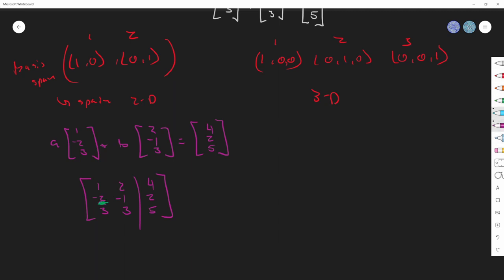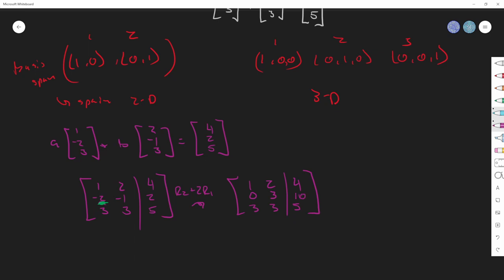So what we're going to do is add r2 by twice r1. And so we're going to have 1 2 4, and the bottom one stays the same, 3 5 5. And then we're going to have 0. Then 2 times 2 is 4, minus 1 is 3, and then 4 times 2 is 8, plus 2 is 10.